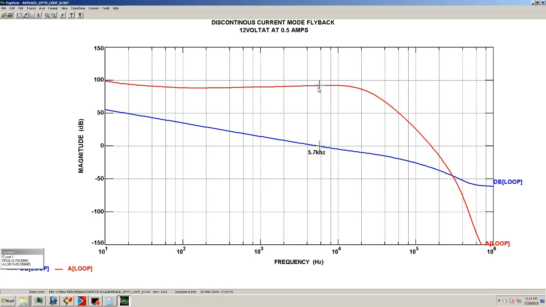Where it crosses, you look at the phase, and that would be your phase margin. Phase is 292 degrees, which is pretty stable.